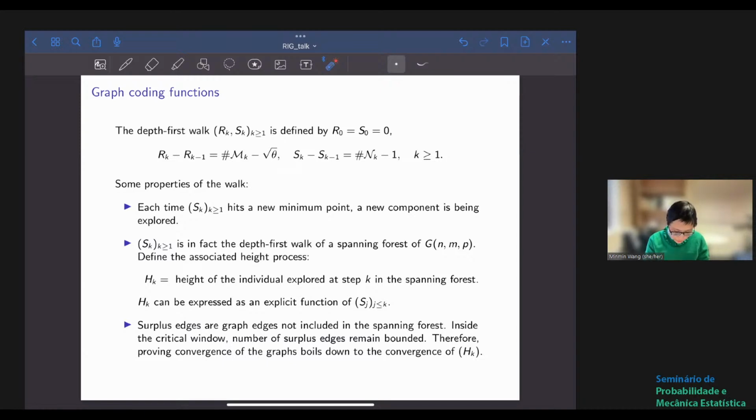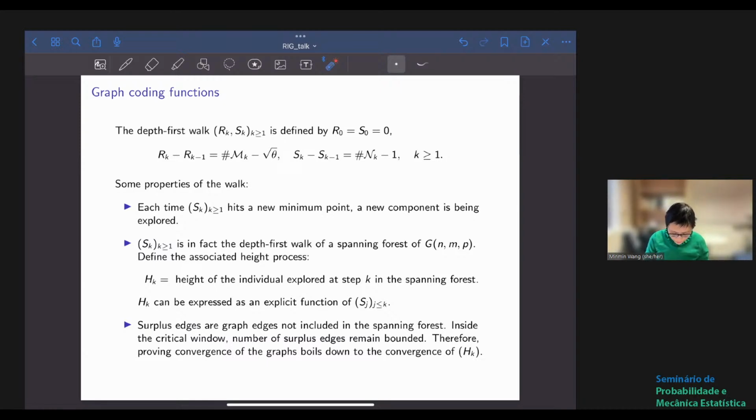But one good thing about these surplus edges is that as long as you stay inside the critical window, so you're not far from the critical case, the number of surplus edges remains bounded in each connected component. You can show that this number has a Poisson distribution, and you can work out where these surplus edges are situated. It's not a very difficult thing.